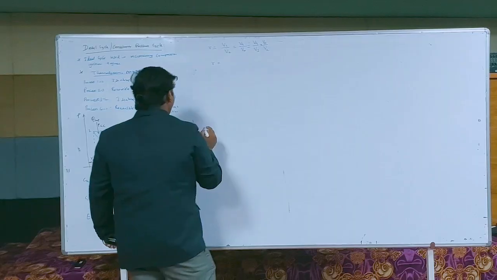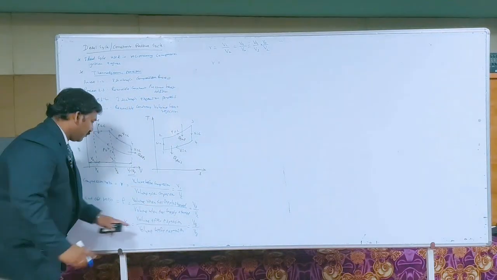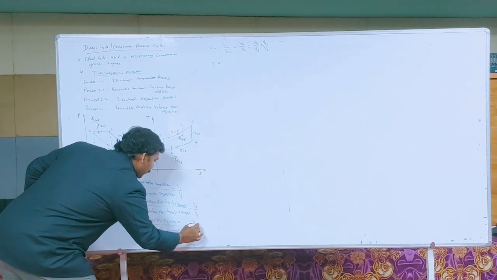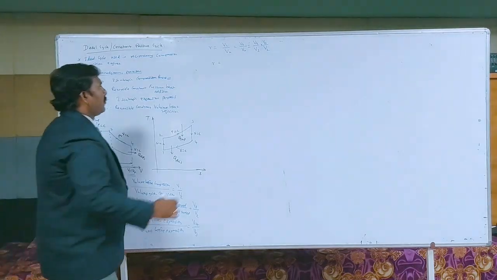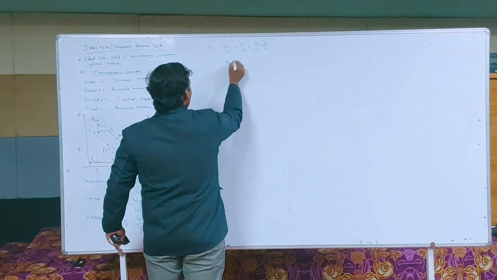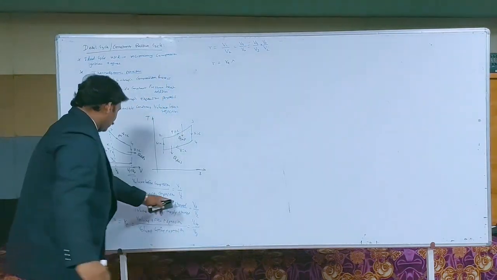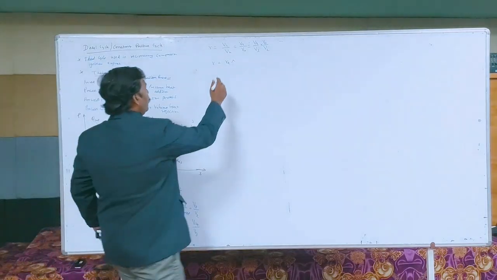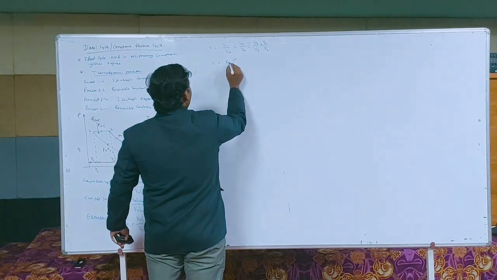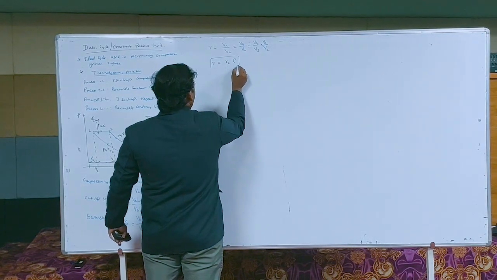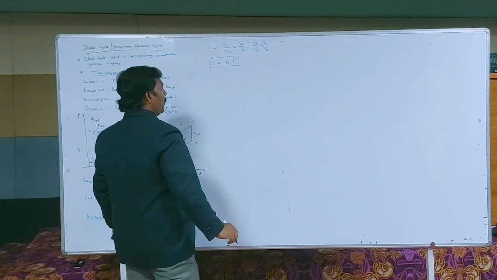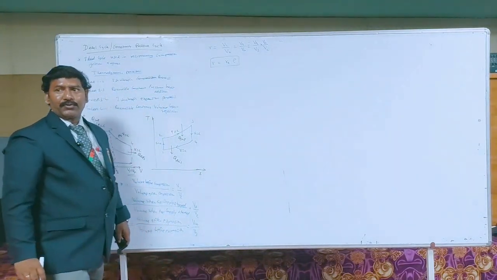From the definition, V4 by V3 is the expansion ratio Re. Therefore, R is equal to Re into, V3 by V2 is the cutoff ratio. So, we can develop a relationship between these three ratios: compression ratio is equal to expansion ratio into cutoff ratio.